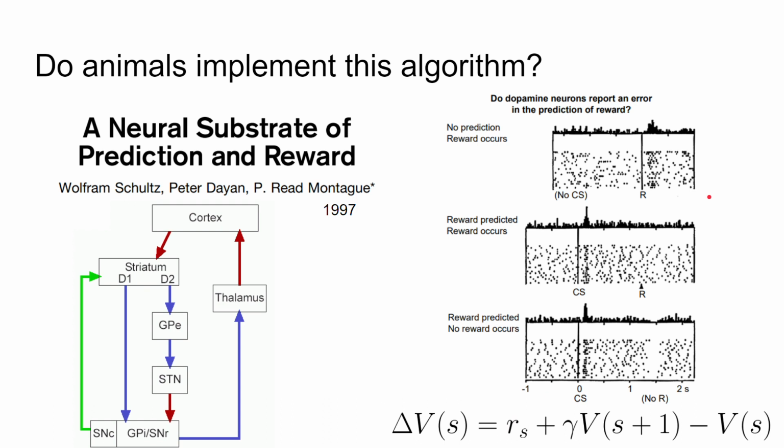But there's another situation, because what you can also do is say, all right, I'm going to ring a bell and then 1 second later give it the juice. So what's going to happen in that situation? Well, initially you ring the bell, nothing happens. Fine.